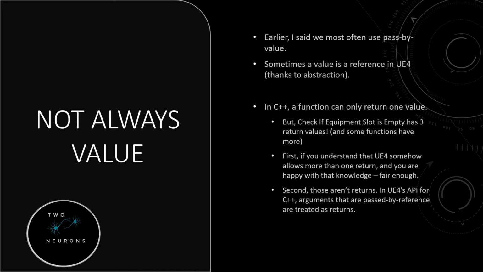So in reality, those aren't returns. Those are actually arguments. So in UE4's API for C++, arguments that are passed by reference are treated as returns. Now, that statement isn't always true. You can actually change it so it is a pass by reference instead of a return.